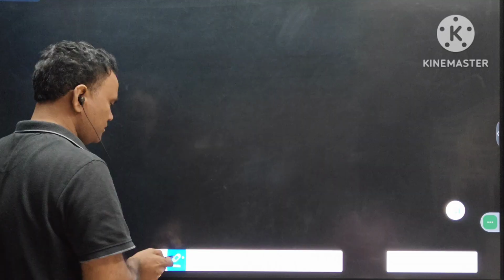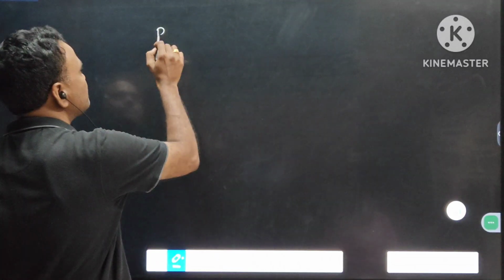Next, pH of acidic buffer. Keep the heading: pH of acidic buffer.